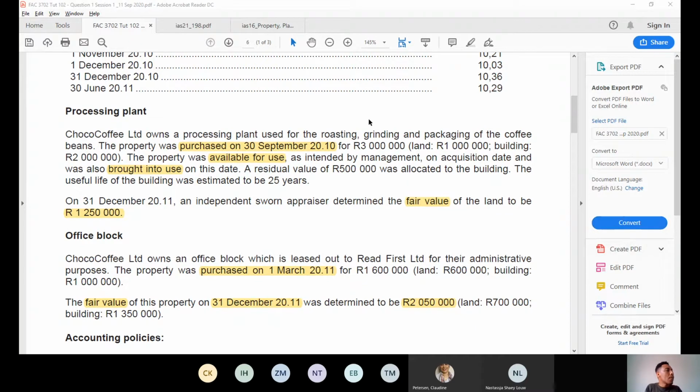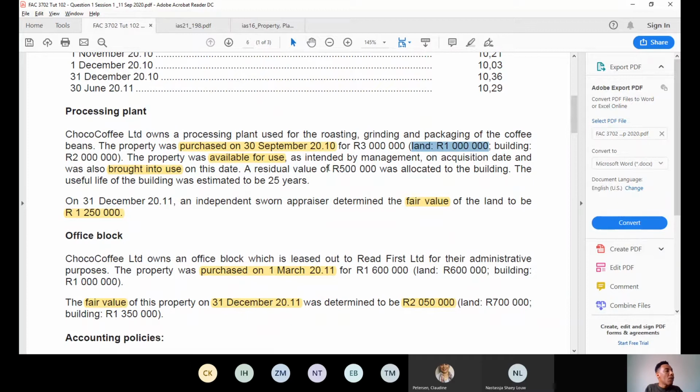Okay. But now you'll see that this property is split between land and buildings. The property was available for use, the same principle as above, as intended by management on acquisition date, and was also brought into use the same way as above in terms of tax purposes. Fine.